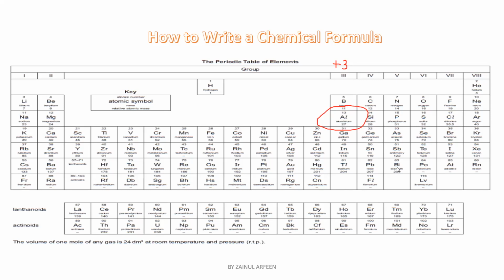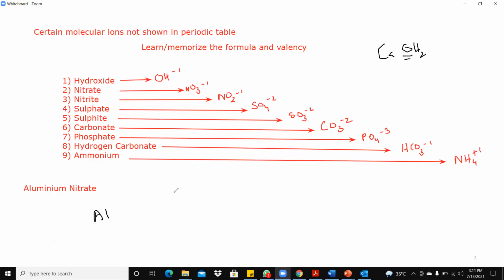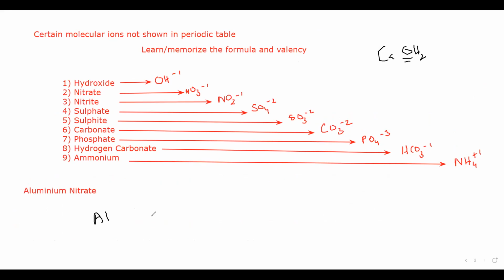Then we will check the second, nitrate. Nitrate is NO3 with a charge of -1. So this is -1 and aluminum is +3.